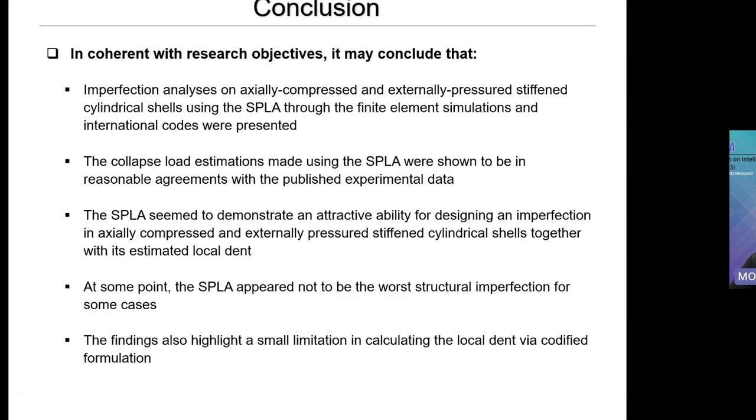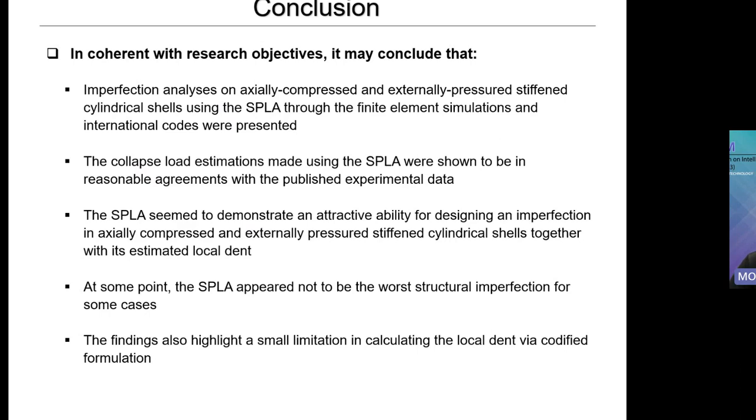So in conclusion, we can summarize that the imperfection analysis on axially compressed and externally pressured stiffened cylindrical shells using the SPLA through finite element simulation and international codes was presented. The collapse load estimations made using the SPLA were shown to be in reasonable agreement with the published experimental data.